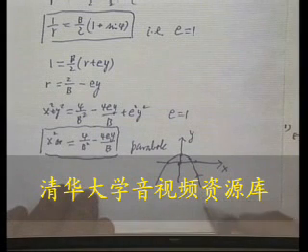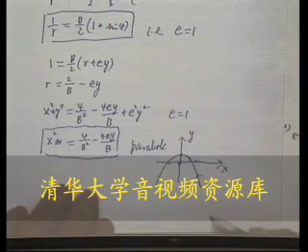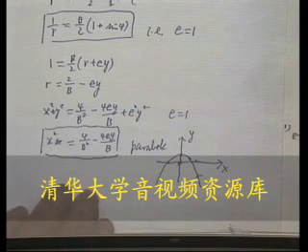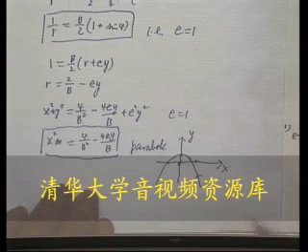When E is equal to 0, you put that into the kinetic energy plus the potential energy is equal to 0. In this case, the potential energy is equal to 0 at infinity. So at infinity, the potential energy is 0, the total energy is 0, so the kinetic energy is 0. That means that its velocity is 0.